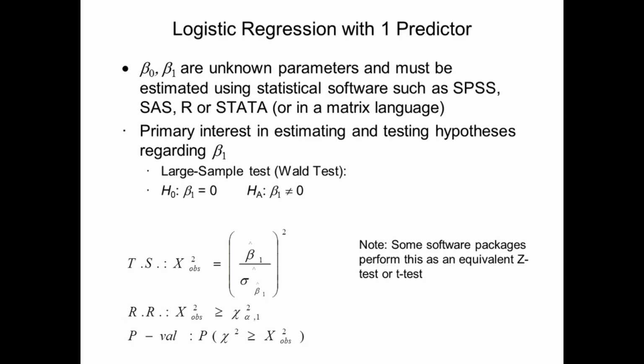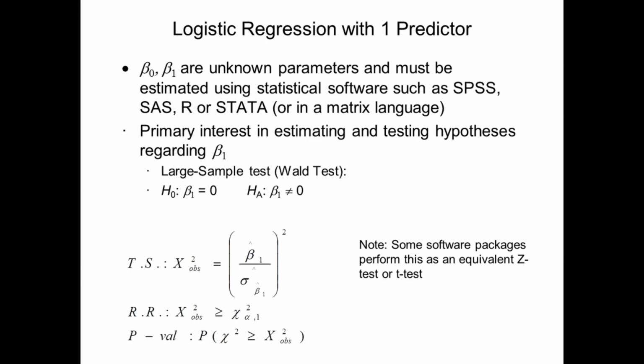using statistical software such as SAS, R, Stata, SPSS, and so on, using the maximum likelihood method. The primary interest is estimating and testing hypotheses regarding beta 1.